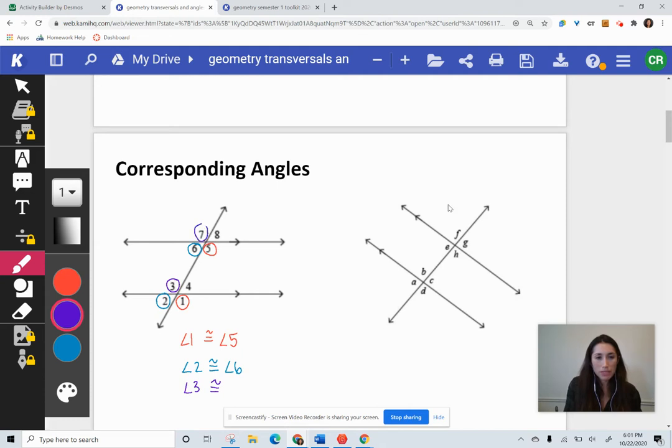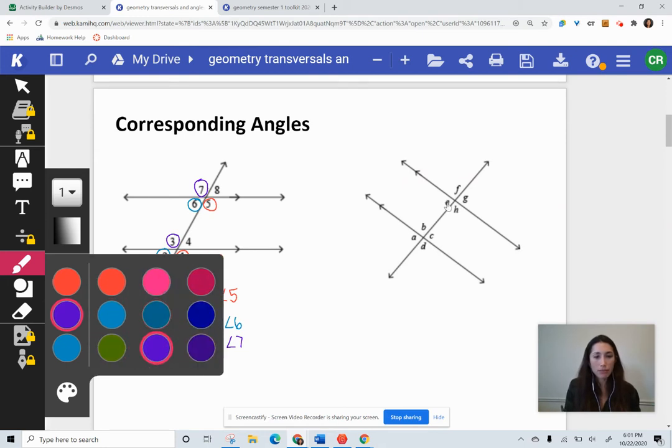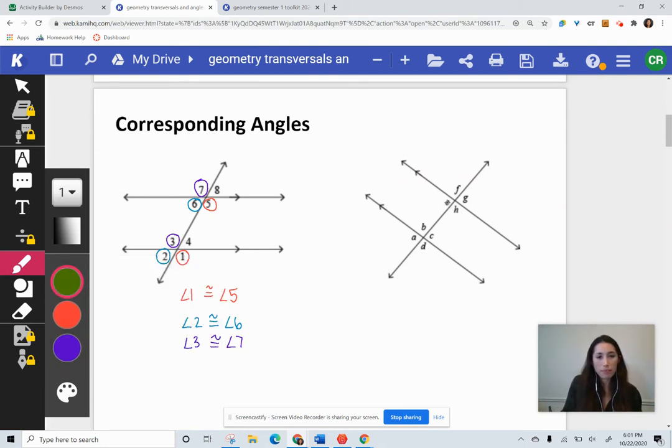That would be angle 7. And then our final corresponding angle pair in that diagram will be angle 4. That's on the top right, and that will be corresponding and congruent to angle 8.